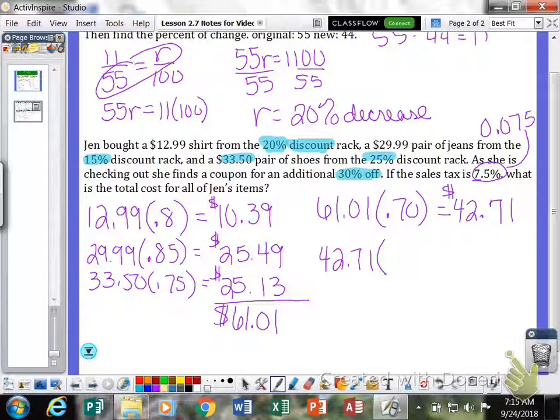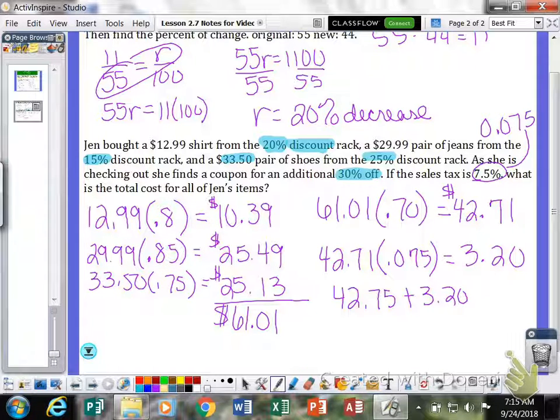So we can multiply 42.71 by 0.075, which is $3.20 in tax, and take 42.71 and add $3.20 to that. And I get $45.95. So that's how much she would pay in the end for all of those items. So you have to kind of go through step by step. So be careful with that.